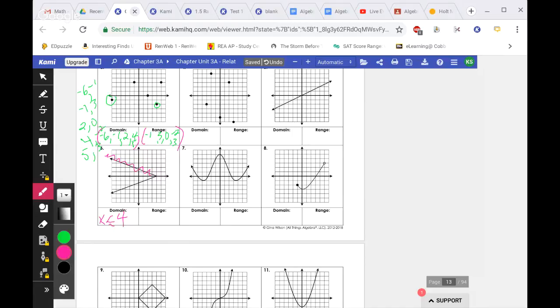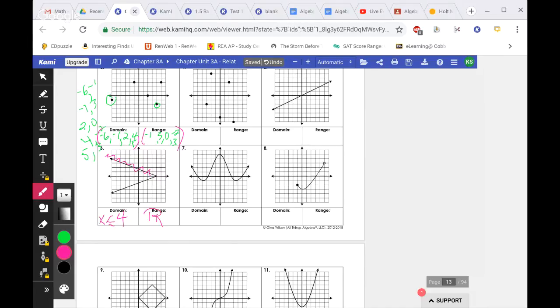And the only part that you're thinking about with regard to the range is up and down. It doesn't matter that it's going toward the west or that it's going left. What we want to think about is, is it going up or is it going down? And it's actually going up and down toward infinity forever and ever. So on this one, the range is all real numbers.